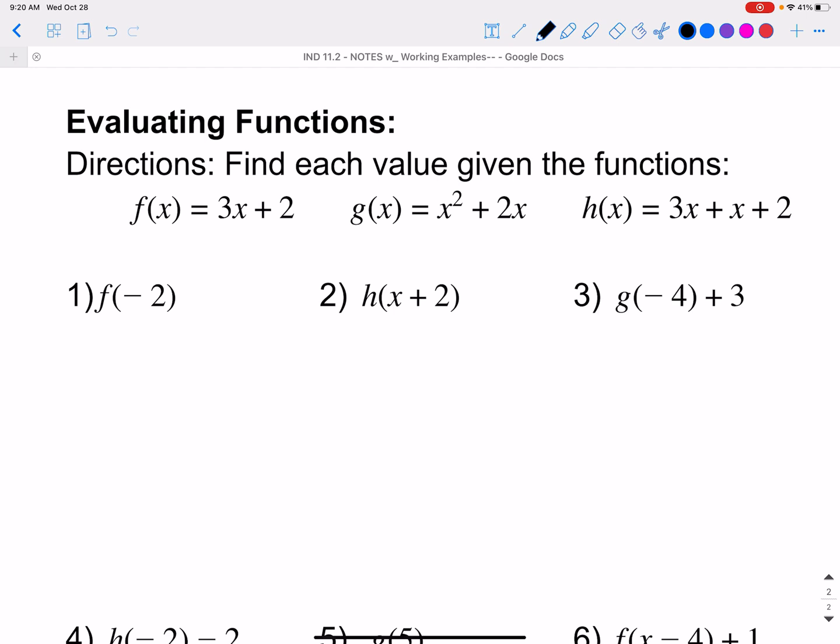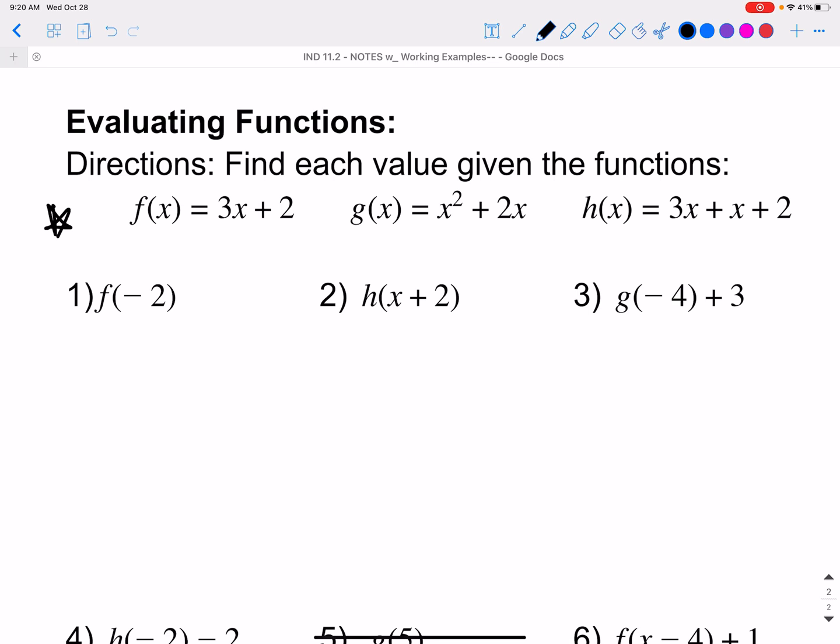A couple of things I want to cover, and I covered this with some of you, but some of you I didn't have time yesterday, so this might be a review and this might be new material. Right here on this line, I have 3 functions. I have f of x equals 3x plus 2. I have g of x equals x squared plus 2x. And I have h of x equals 3x plus x plus 2.